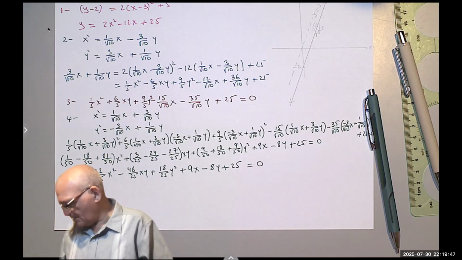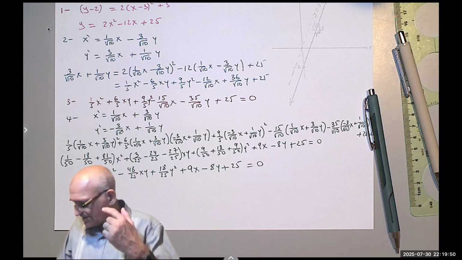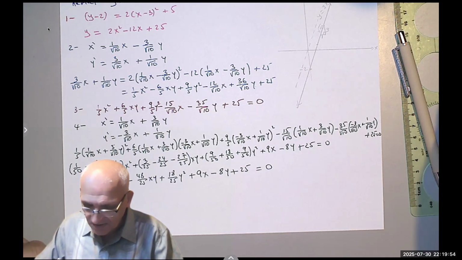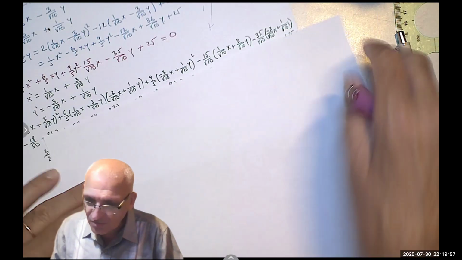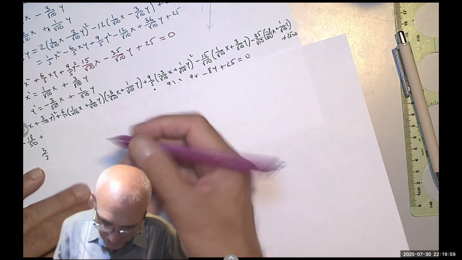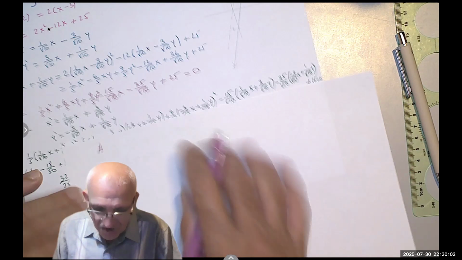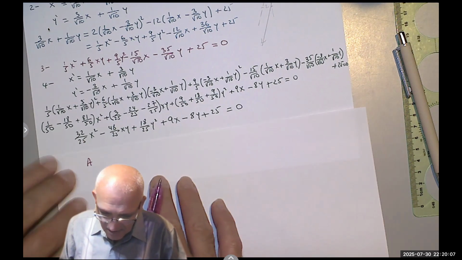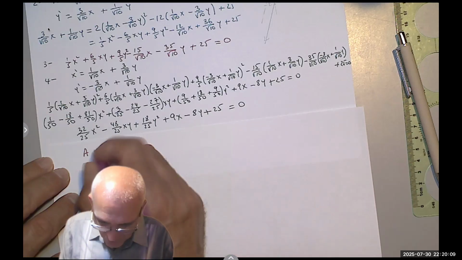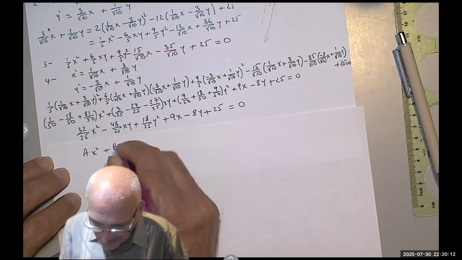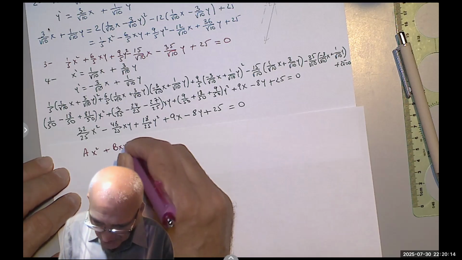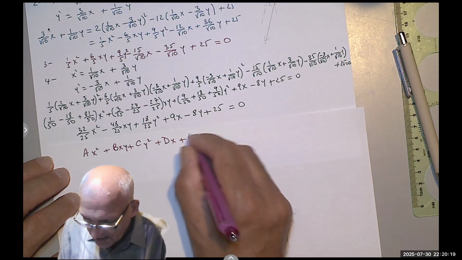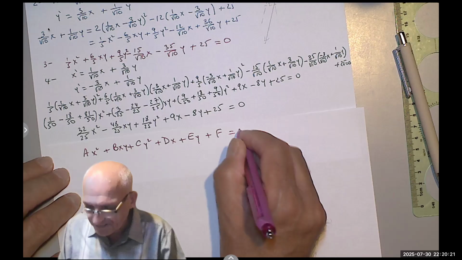Something that maybe I didn't mention in the previous lecture, but it would have been better to show it there. It's really the same thing. It's not going to be any different to show it here. We said a generic conic section is ax squared plus bxy, I'm sorry, plus cy squared plus dx plus ey plus f equals 0.